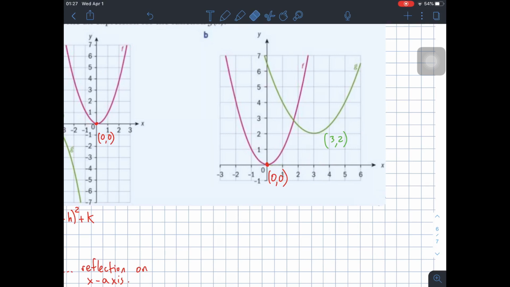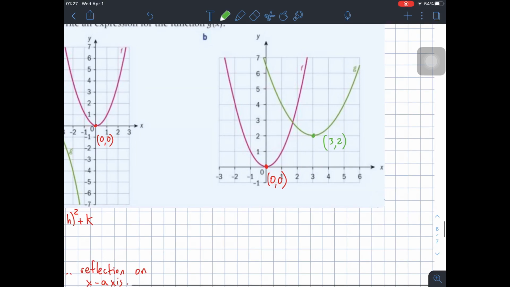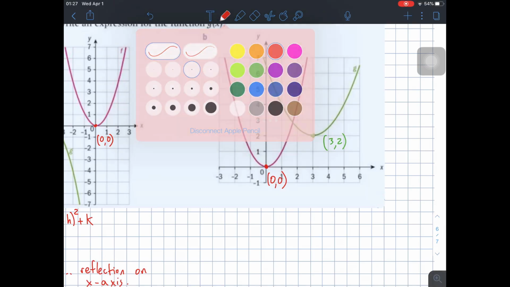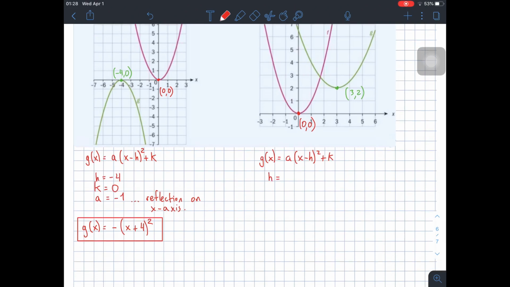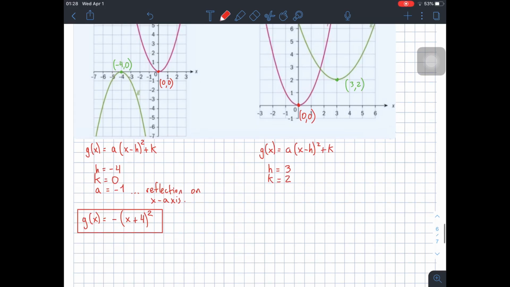Okay, so if we think about our function as always, g of x equals a times x minus h squared plus k, we already know that h should be 3 and k should be 2. Okay, now we need to see the value of a.